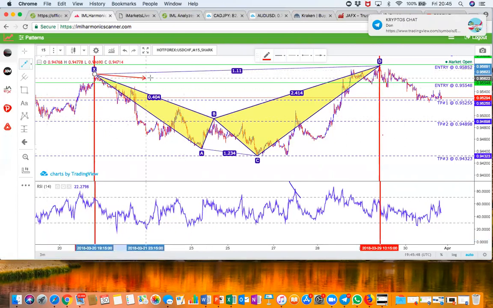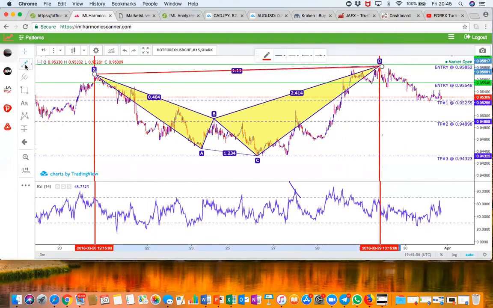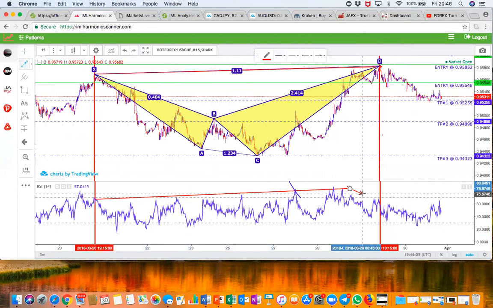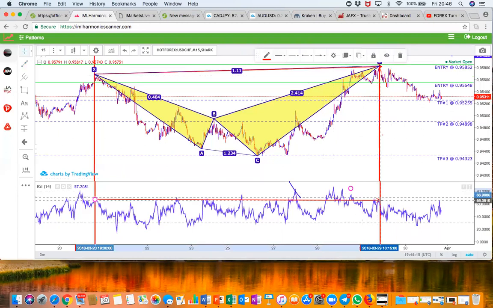So I draw from X to D, and then I'll go to the arrow again, and I draw my RSI from X to D.